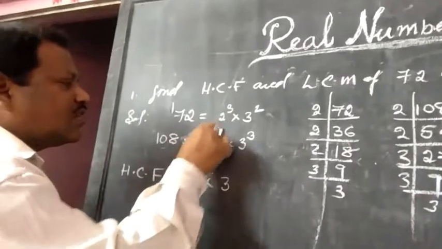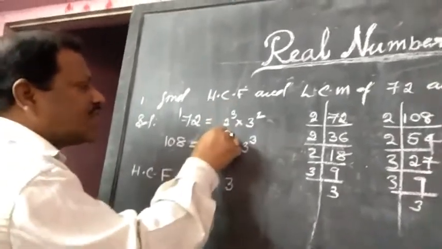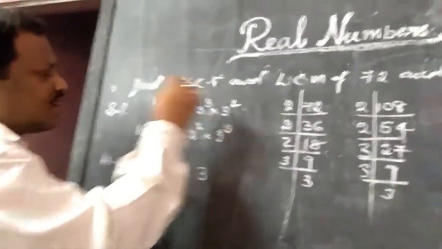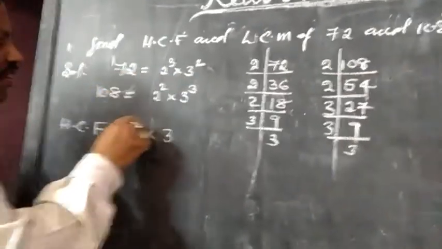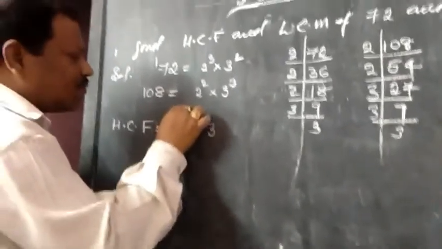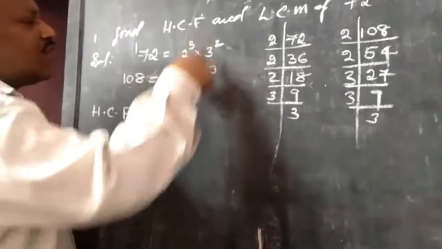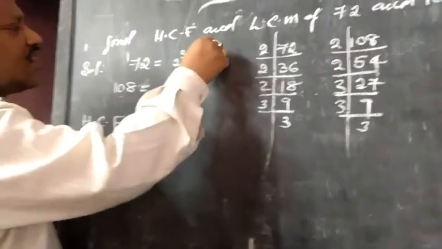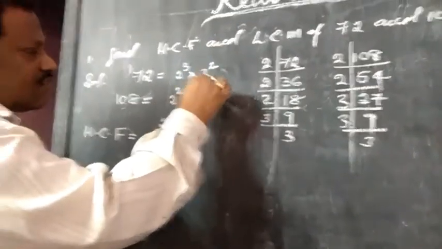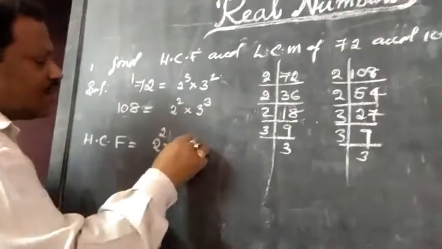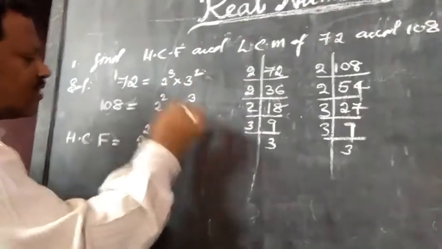We have 2 cube and 2 square, so the least power of 2 is 2 square. Both numbers have 3 cube and 3 square, so the least power of 3 is 3 square. So take the least powers.